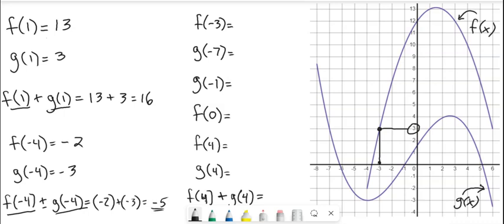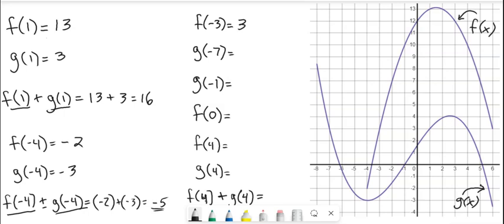So the graph has a height of 3 when the input value is negative 3. And so f of negative 3 is 3.